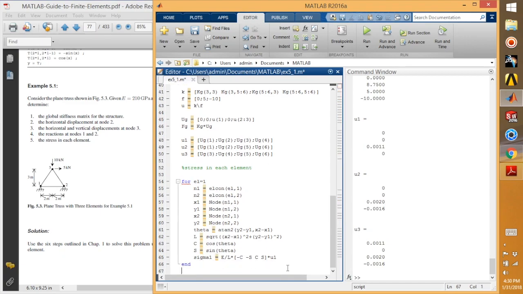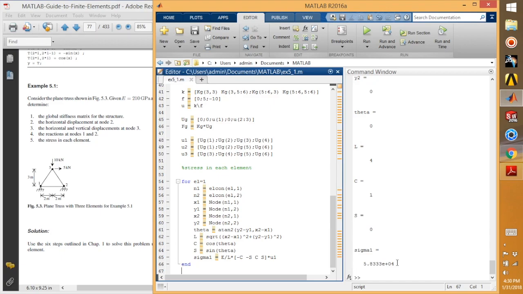So you can give sigma 1, and we have sigma 1 as 5.833.